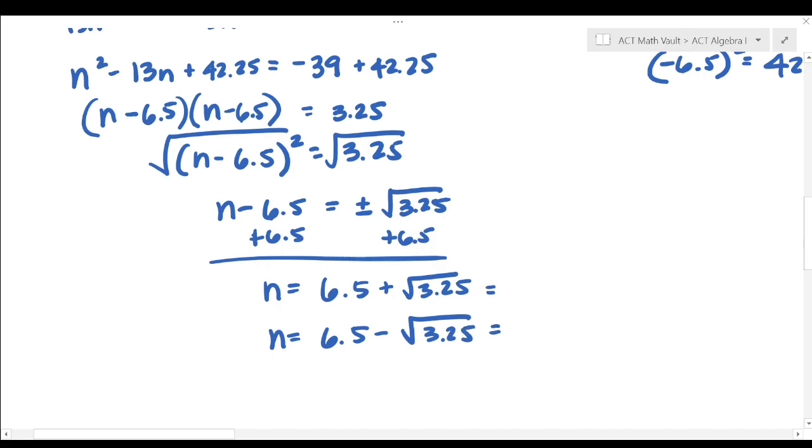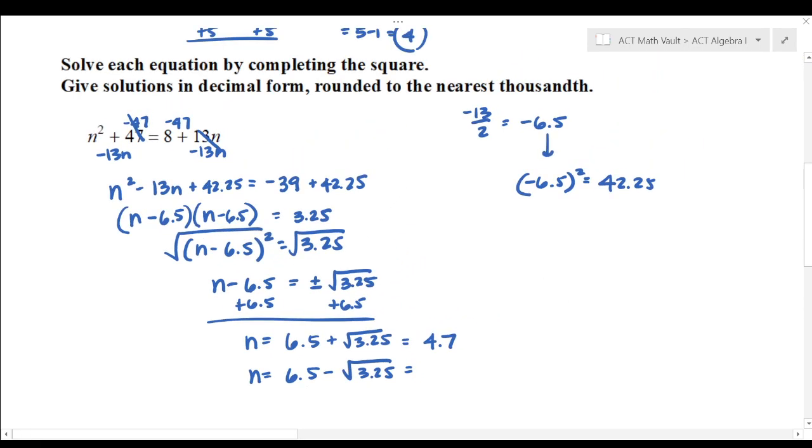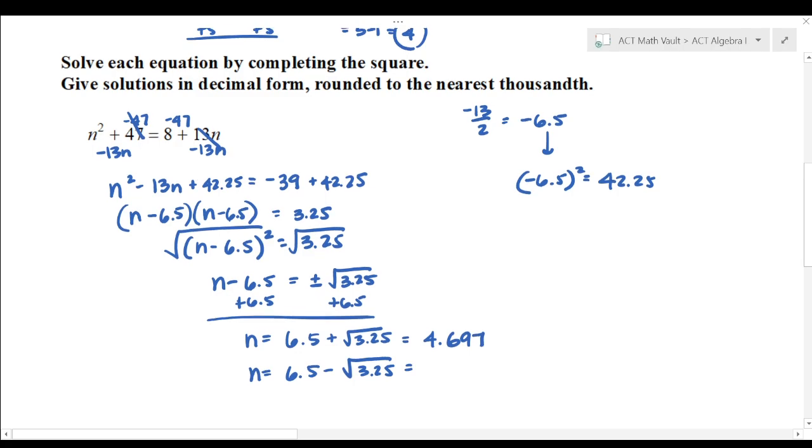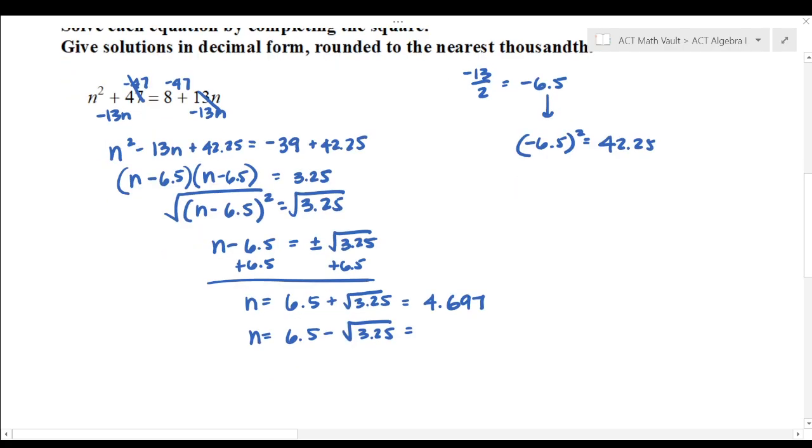So with a calculator, I'm going to plug that in, and I'm getting, let's just round to the nearest tenth. It'll tell you typically, oh, thousandth. It'll tell you what to round to. For this, it'd be 4.697. And then the other one is 6.5 minus square root 3.25.